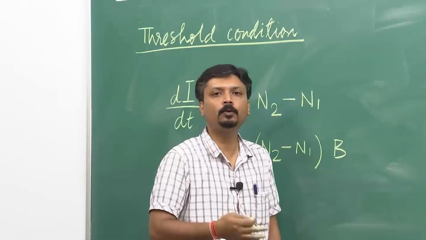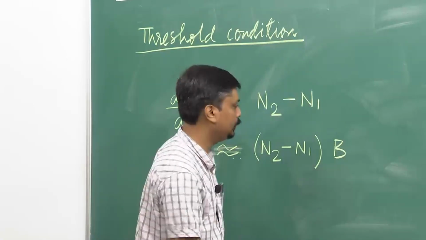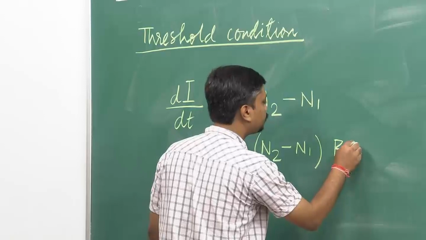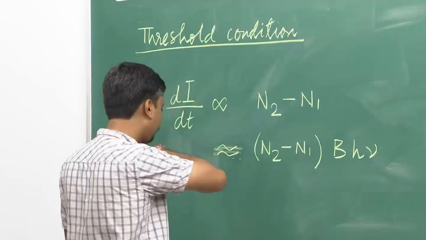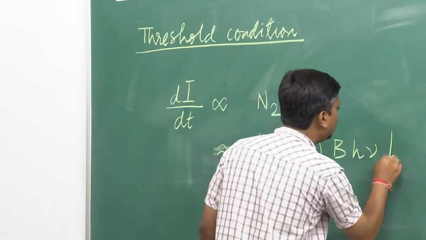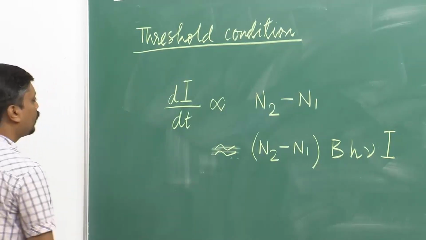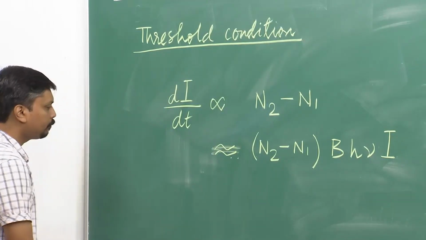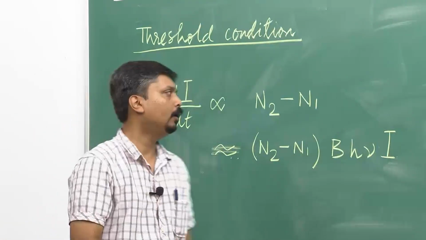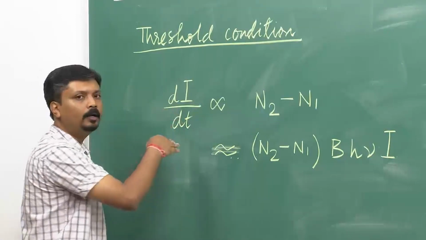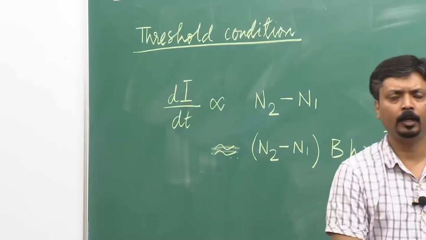So, I can use B21 equals B12 equals B, as we assumed in one of the previous classes, and this is ultimately multiplied by this I. This is actually identical to the equation that we have seen earlier, that is just the rate of a transition.